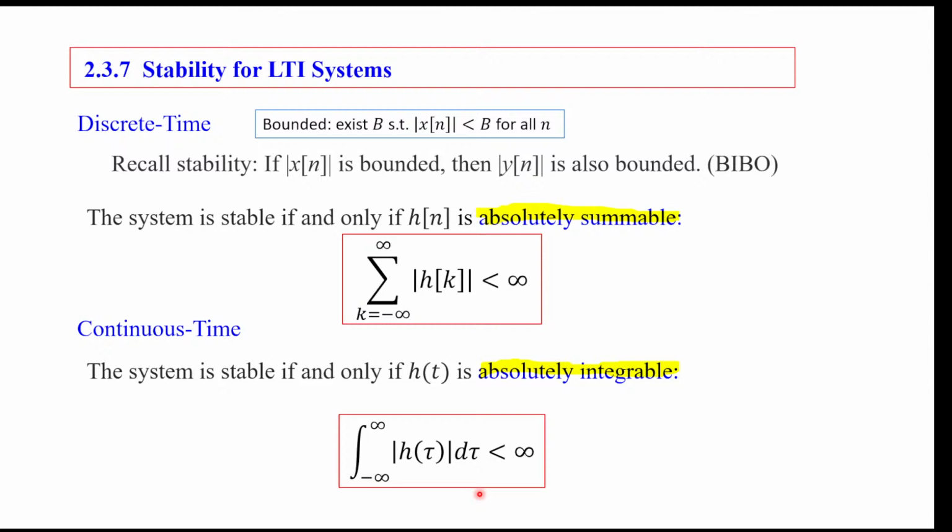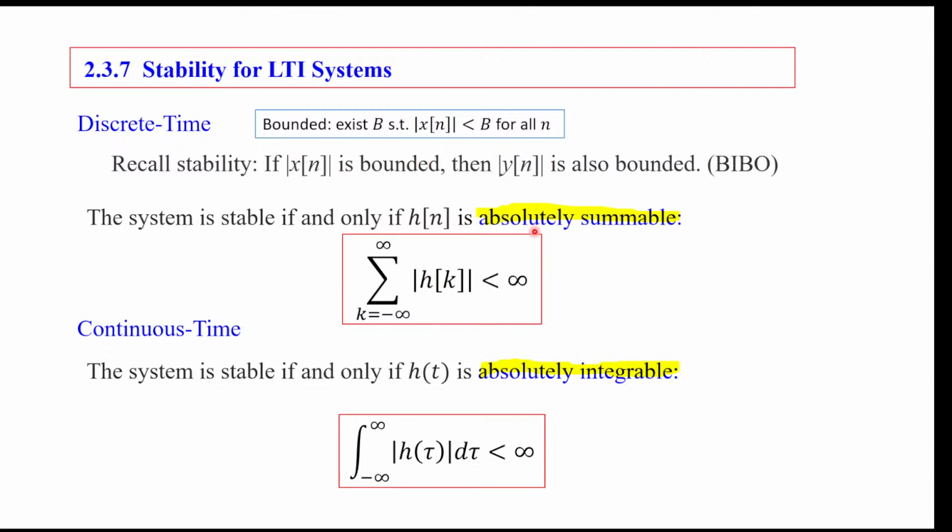This is very confusing, so let me address the confusing part first. We have different conditions here: bounded here, and absolutely summable there. They both look like something bounded, but they are different. Being bounded is not the same as absolutely summable. Also remember, BIBO is a relationship between input and output.